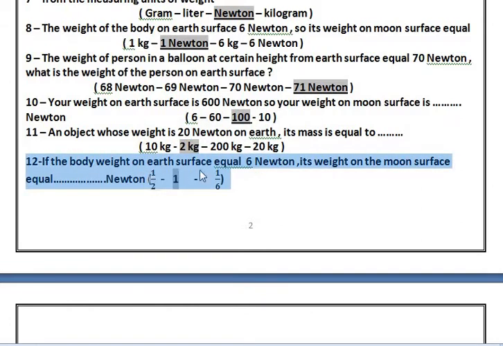If the body's weight on the Earth's surface equals 6 Newton, its weight on the moon's surface is 6 divided by 6, which equals 1.